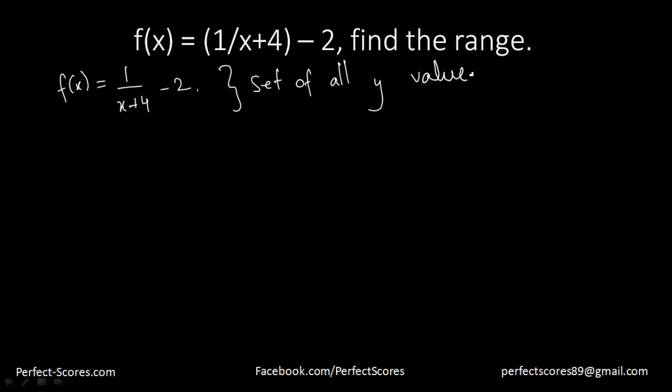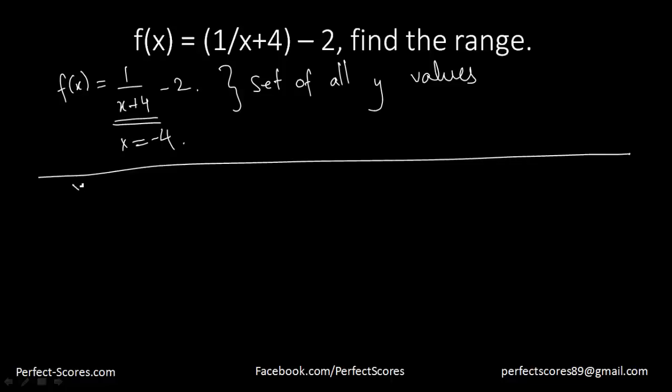Now here finding the y value is difficult, because as you can see, x cannot be equal to negative 4. So if I find the inverse of the function, here y = 1 over (x + 4) minus 2.